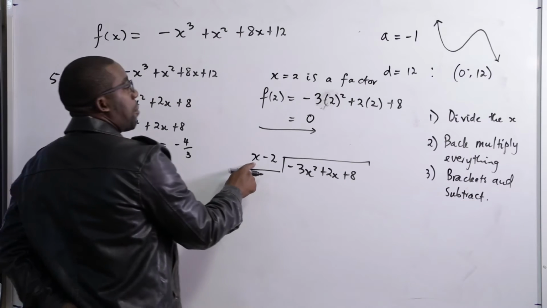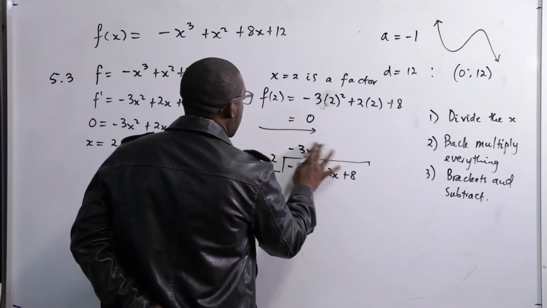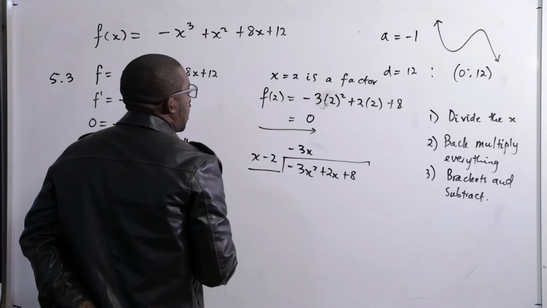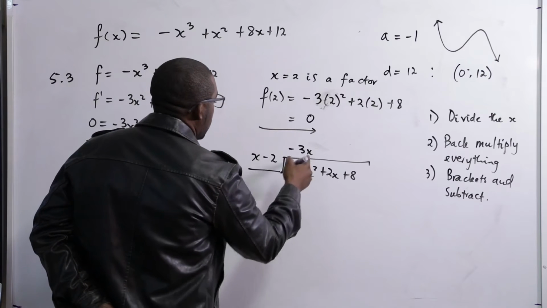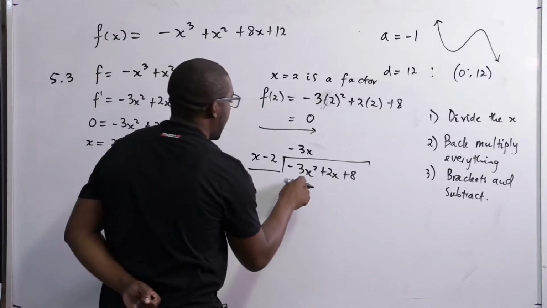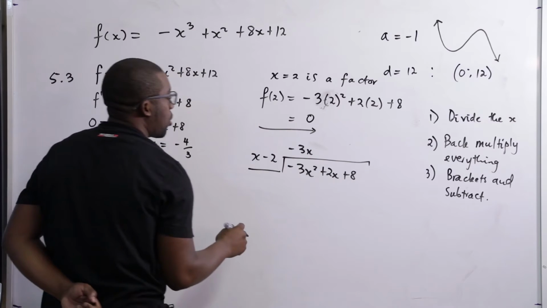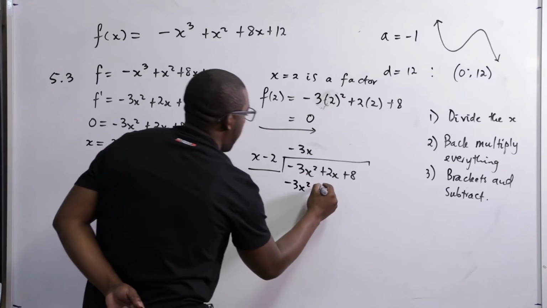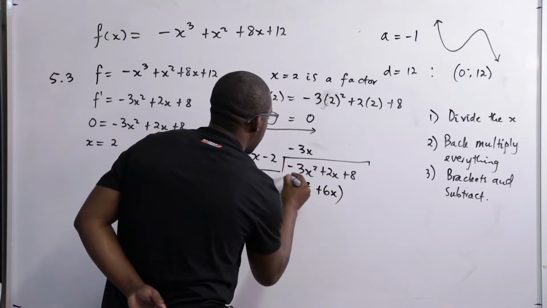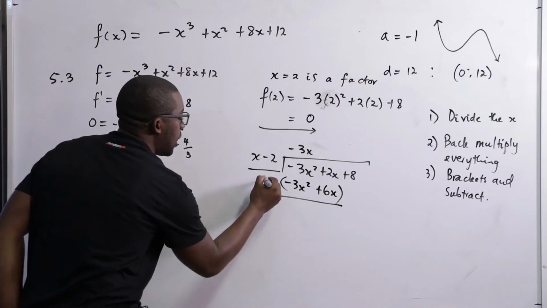So step number 1, divide the x. This is going to be minus 3x squared minus 3x. Thereafter, back multiply, step number 2. Step number 1, divide the x. You're going to get negative 3x. Back multiply, step number 2, which is minus 3x squared plus 6x. Put brackets and subtract, step number 3.